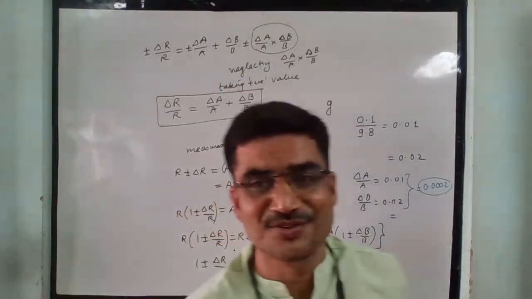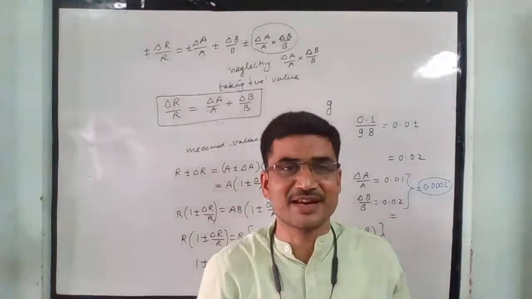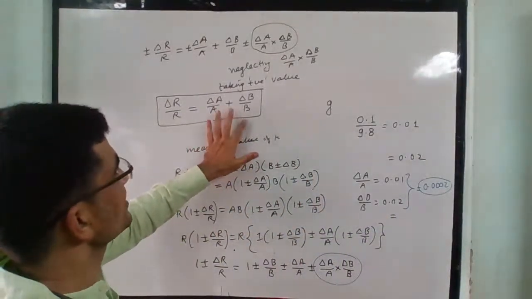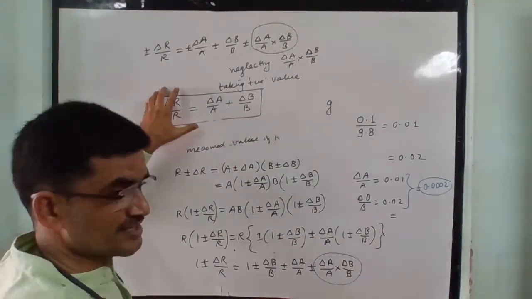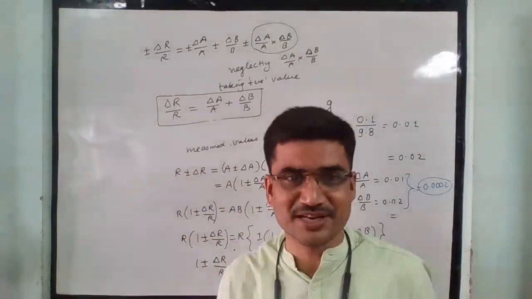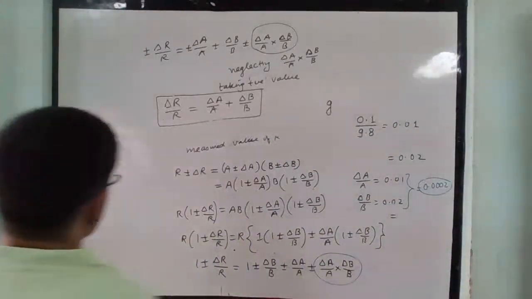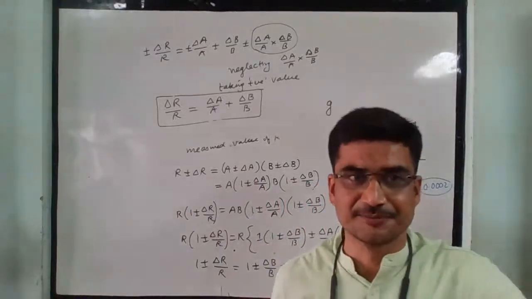Getting or not? This is the sum of relative errors. Here, the sum of relative errors gives the relative error of the resultant. In the previous case, the sum was of absolute errors, in addition and in subtraction. But in a product, the relative errors will be added.